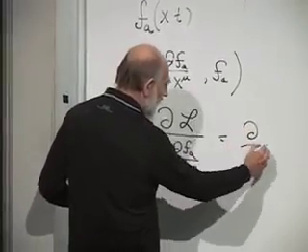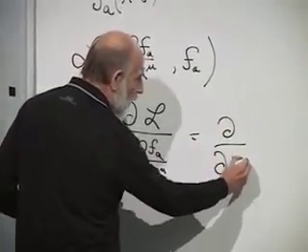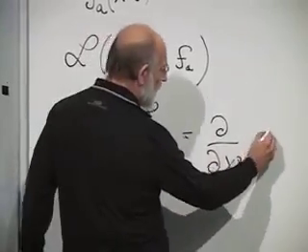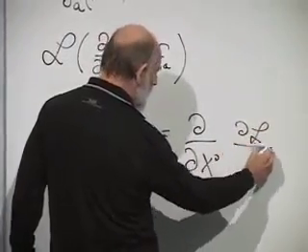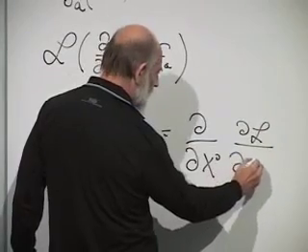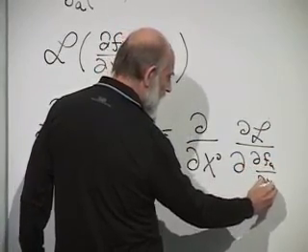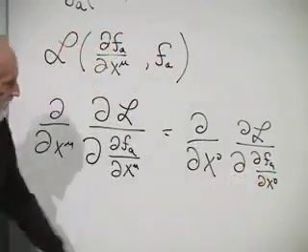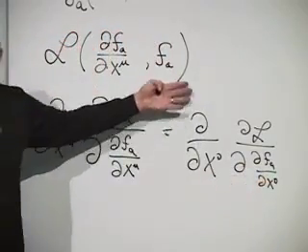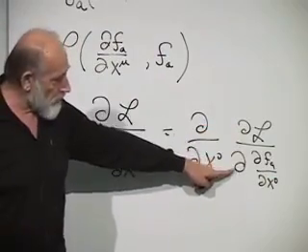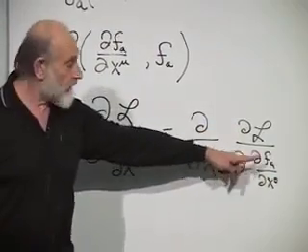It's the derivative with respect to time, which I'll call x naught, of the derivative of the Lagrangian with respect to the time derivative of f_a. We could have also called this d by dt of the derivative of the Lagrangian with respect to f dot.